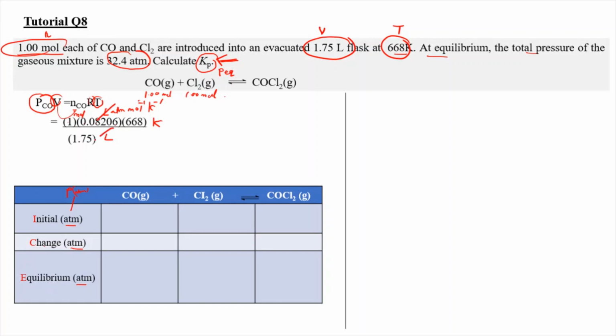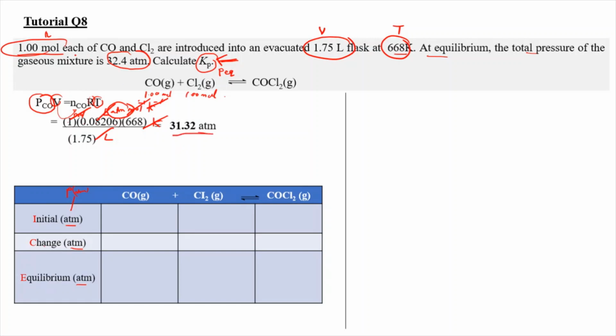So liter and liter cancel out, mole and mole cancel out, Kelvin and per Kelvin cancel out, so we're going to get atm. Once we do the maths, we get the initial partial pressure of the carbon monoxide to be 31.32 atm.